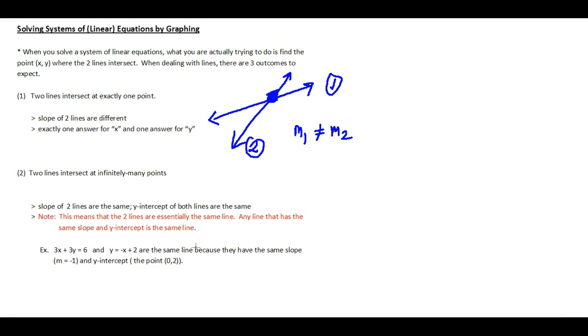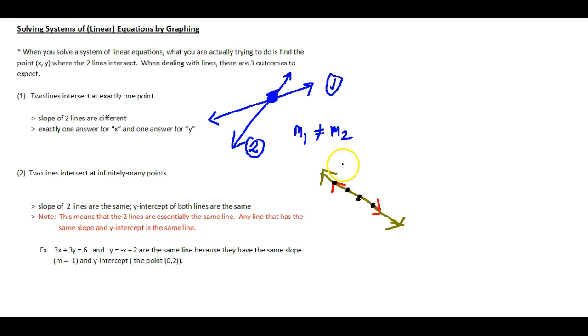If you graphed it, you would have one line that looks like this, and then another line that would shoot straight through it, exactly like this. Since both lines have the same points, they're going to intersect at every point.